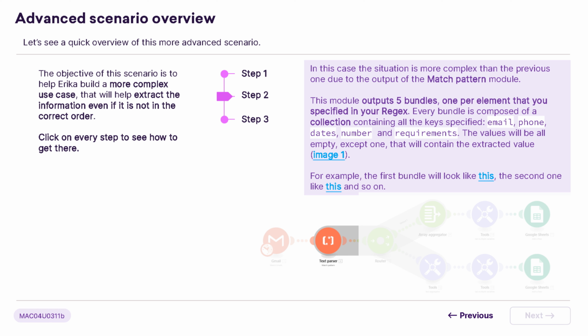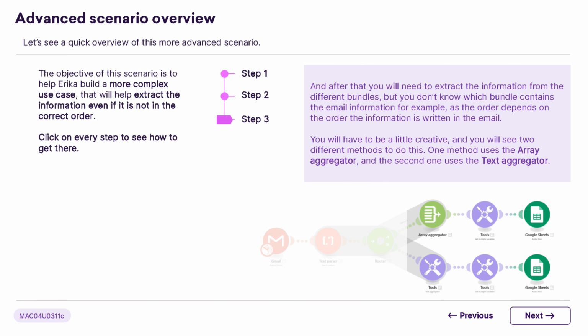This setup allows us to isolate each piece of data effectively, making the pattern recognition more precise. It's a more nuanced approach than in our previous scenarios, which helps us manage and organize complex data outputs successfully. By dissecting the text in this manner, we can process and use the information in a way that's both efficient and accurate for Erica's needs. In this advanced scenario, our goal is to guide Erica in building a more intricate use case.